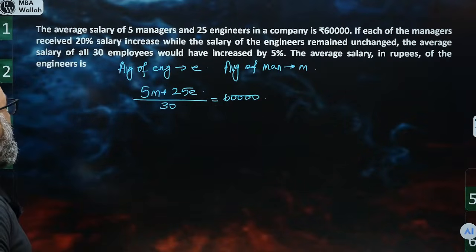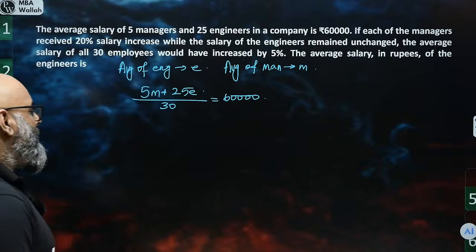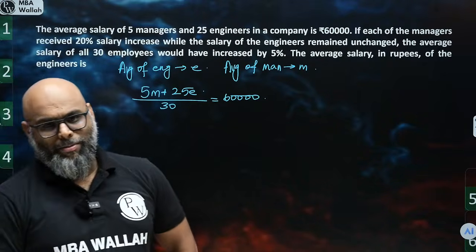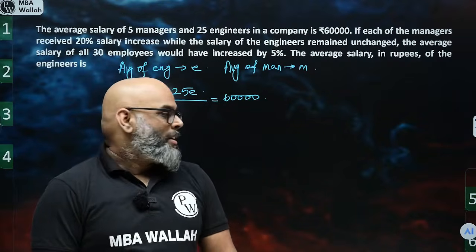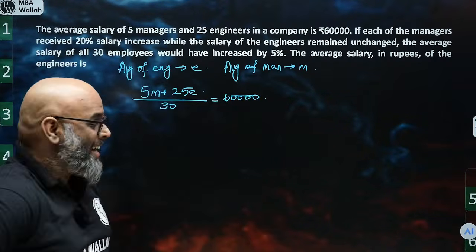Now, each of the managers received a 20% hike, while the engineers remained unchanged. Classic corporate, managers all getting a hike, the engineers not getting a hike. But this is not our place to sit and discuss that.